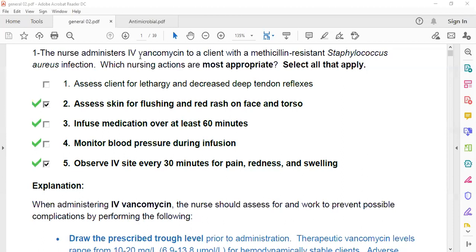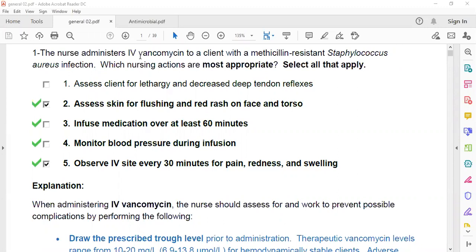Also, vancomycin can sometimes cause an infusion reaction, what we call a hypersensitivity reaction, or it can cause phlebitis. Phlebitis means inflammation of the vein, because you are giving an intravenous medication.